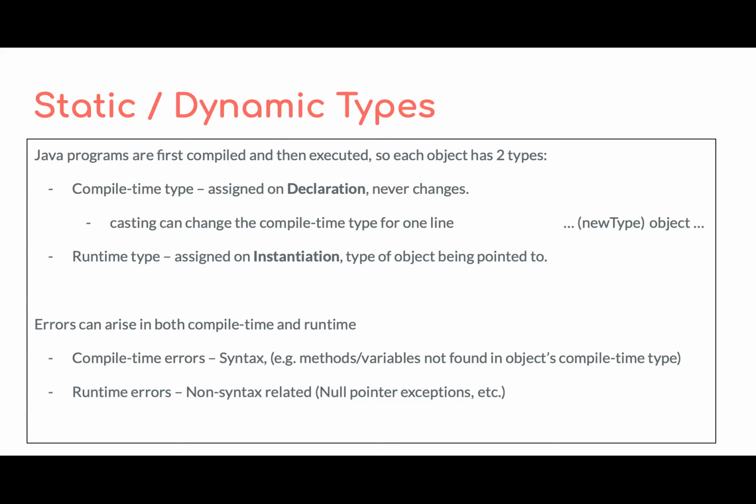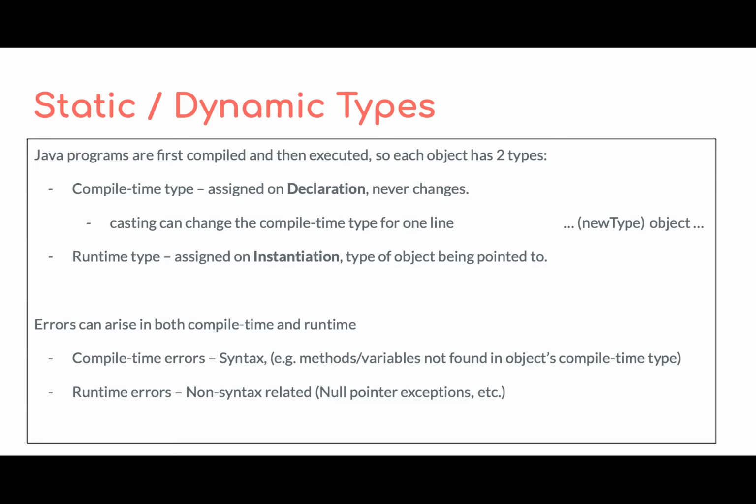However, casting can only change the compile time type for this object in the context of that single line. And the syntax is to the right. You would just wrap the new type in parentheses and put the object name next to it. The runtime type is assigned on instantiation of that object, and that type is the type of object that the reference box is pointed at.